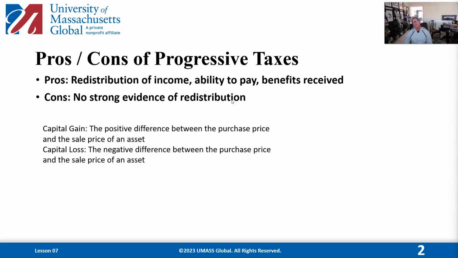The interesting thing about progressive taxes is there's really no good evidence of redistribution. We think that there's redistribution, but there's really no strong evidence, no tie that says that there is a redistribution aspect associated with taxes itself. Benefits, yes, but not necessarily with taxes. That's because there's not necessarily a direct benefit.